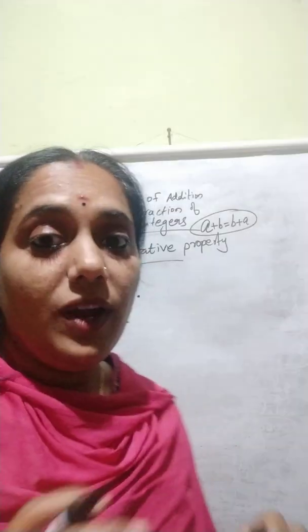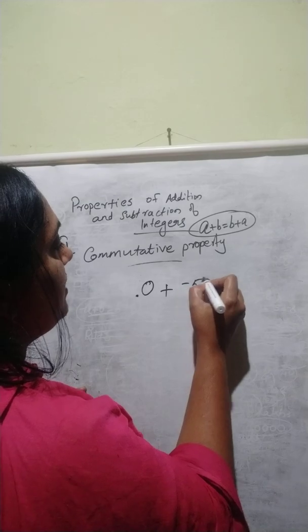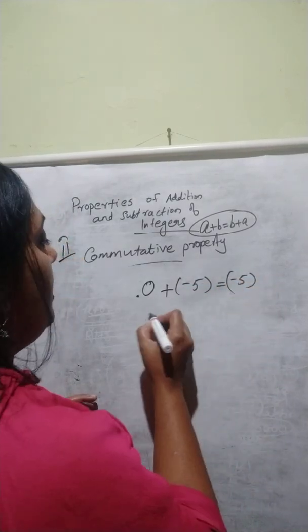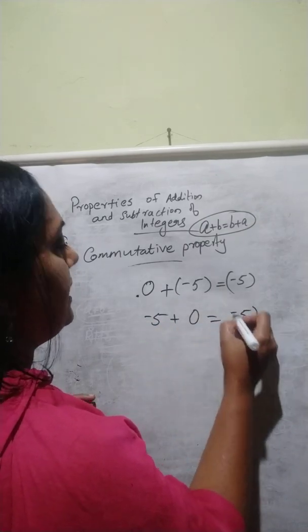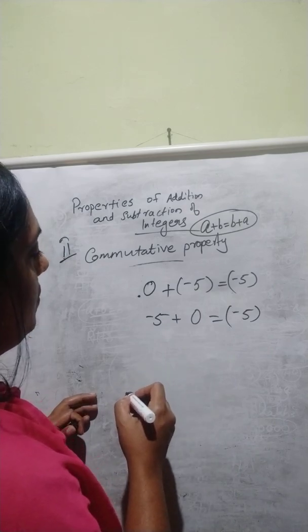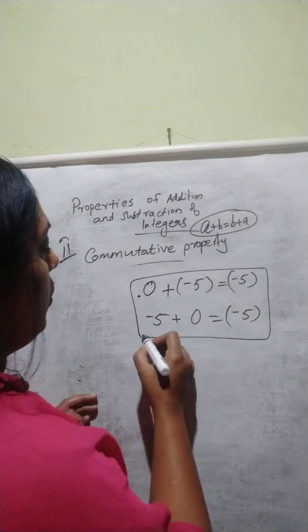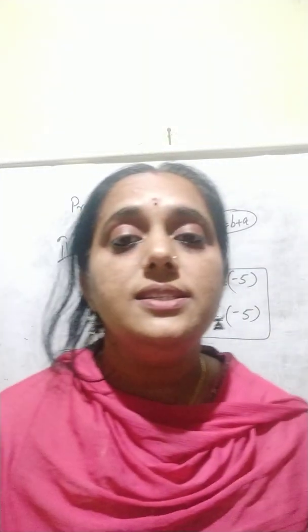Is it clear? Then one more thing: 0 plus negative 5 is equal to negative 5 itself. Then negative 5 plus 0 is also equal to negative 5. So we can say when we are adding 0 with any integer, that integer itself will be the answer.